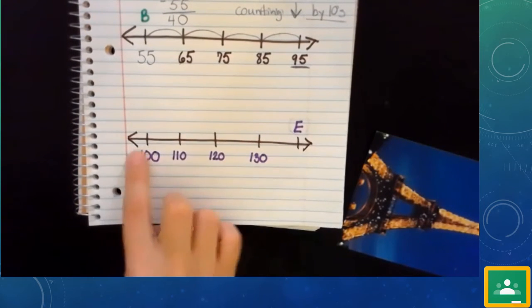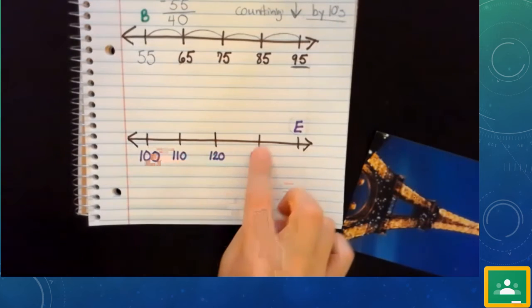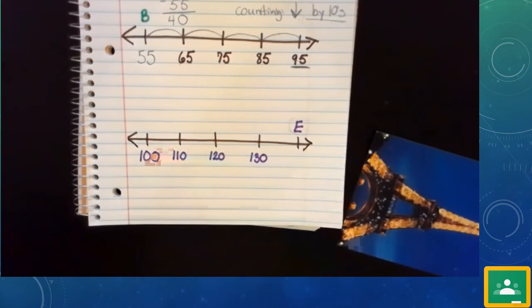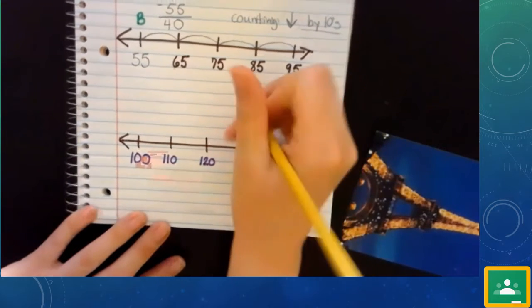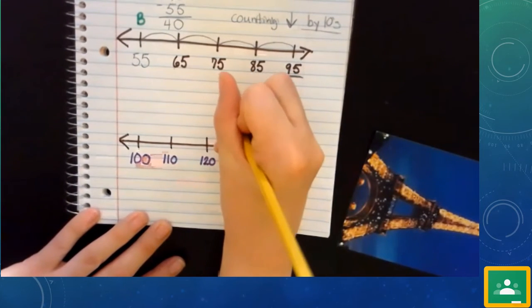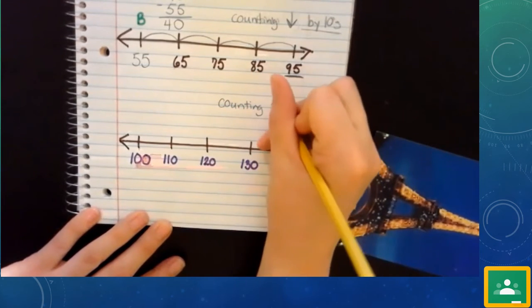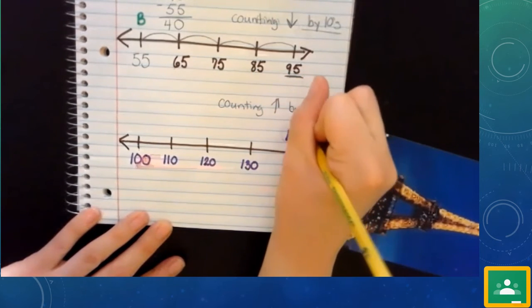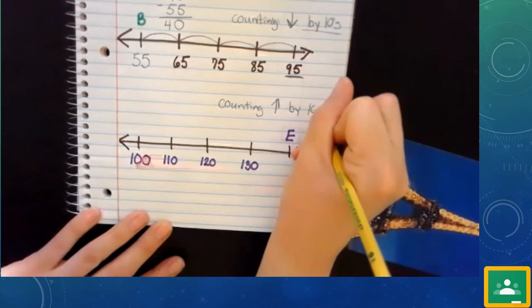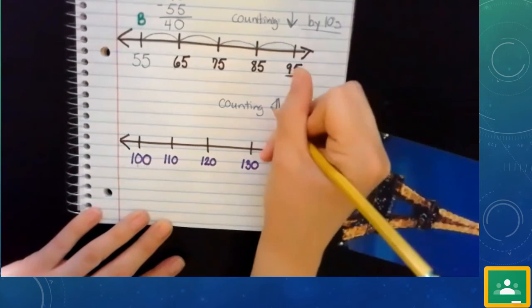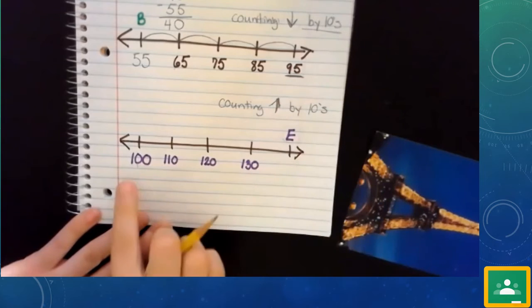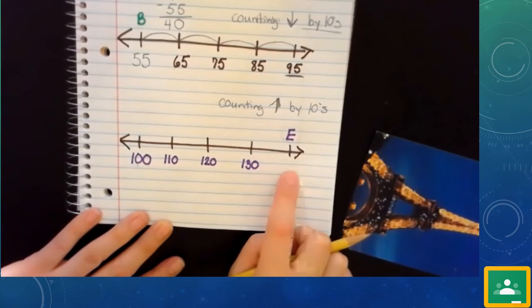So we will be working to increase or add what? 5s, 10s, 2s, 3s? What is it? This pattern is counting up by 10s. That's what I'll have to do to figure out what is E.